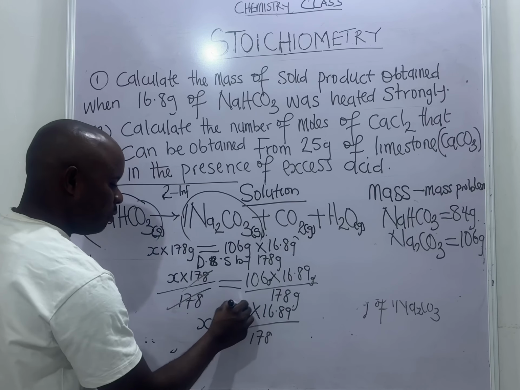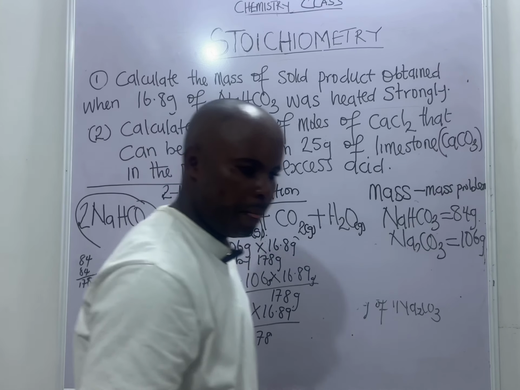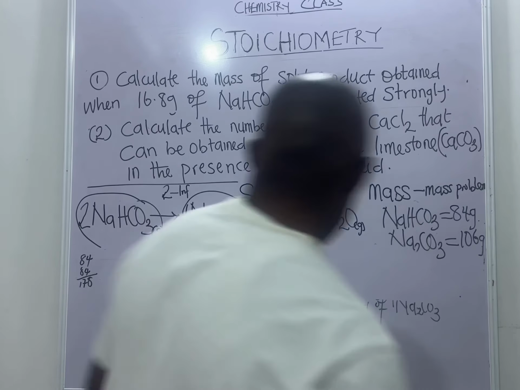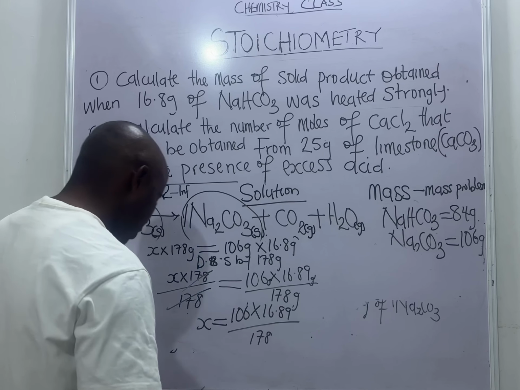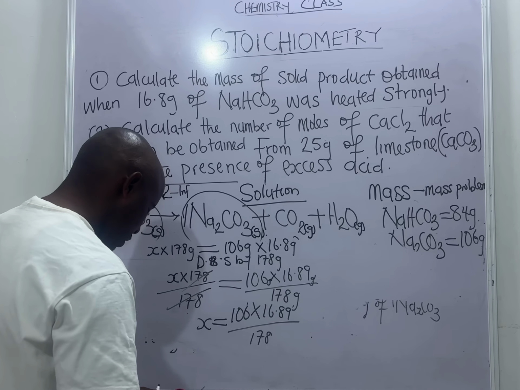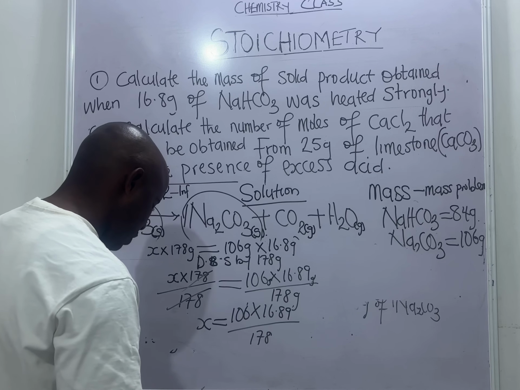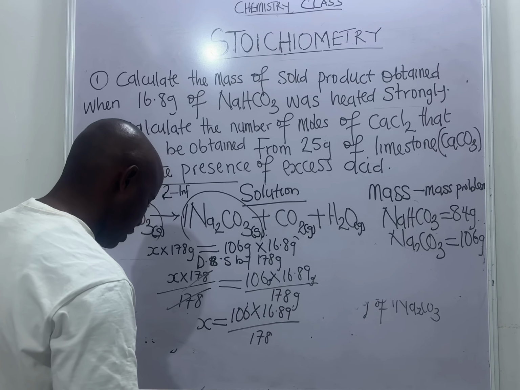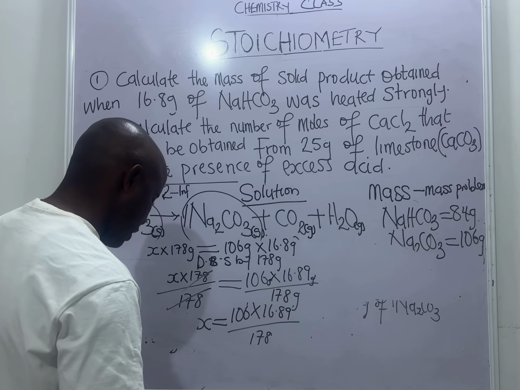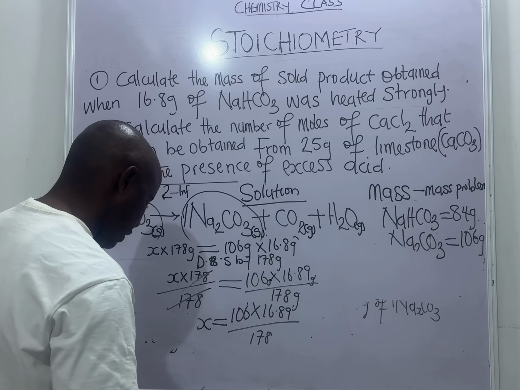So by so doing, let me get a calculator. I'm going to have 106 times 16.8 divided by 178.